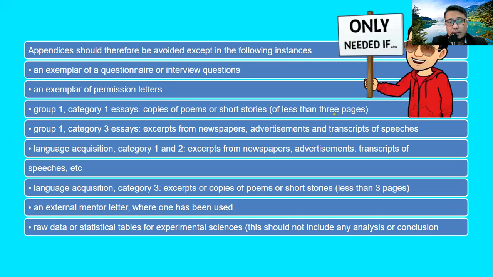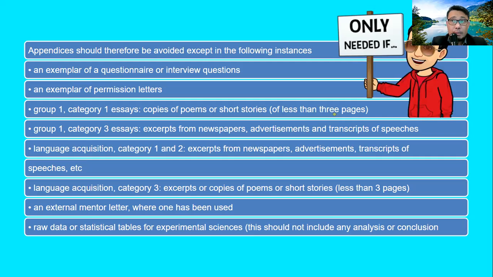And also group 1, Indonesian A, English A, category 3, excerpts from newspapers, advertisements, and transcripts of speeches. Because this is the primary data, you have to put it there. In language acquisition, categories 1 and 2, you also need to attach the primary data from newspapers, advertisements, transcripts of speeches, etc. In category 3, also copies of poems or short stories less than 3 pages.